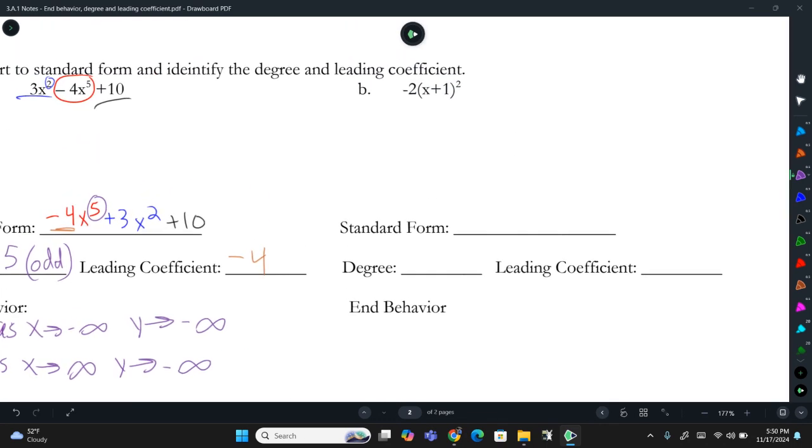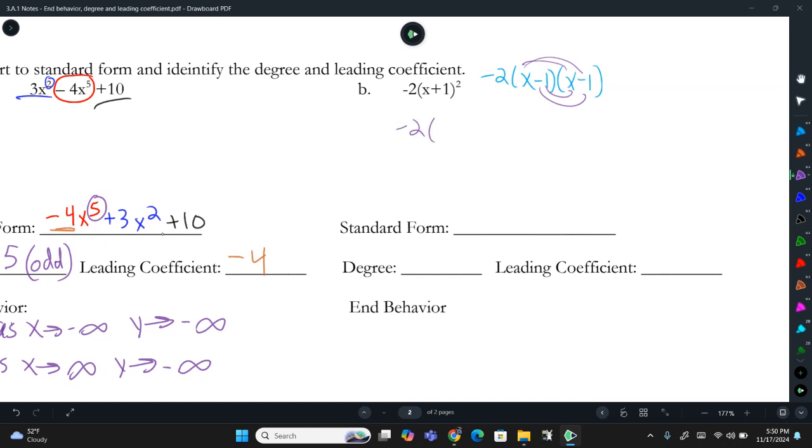All right, now letter B, we cannot distribute this exponent. Don't do that. That's wrong. What we need to do is rewrite this as negative 2 times x minus 1 times x minus 1. And then we can FOIL this.